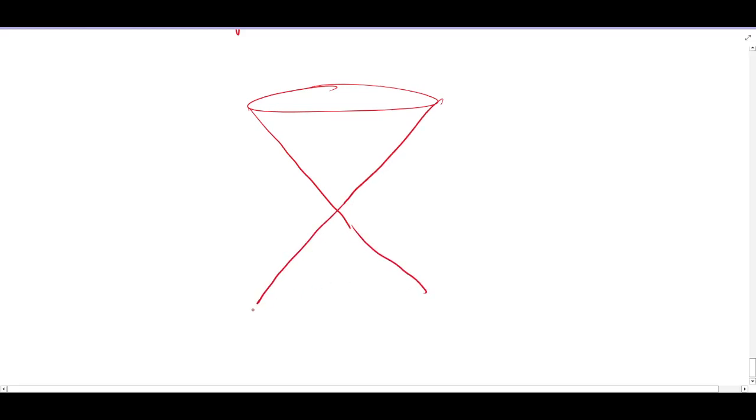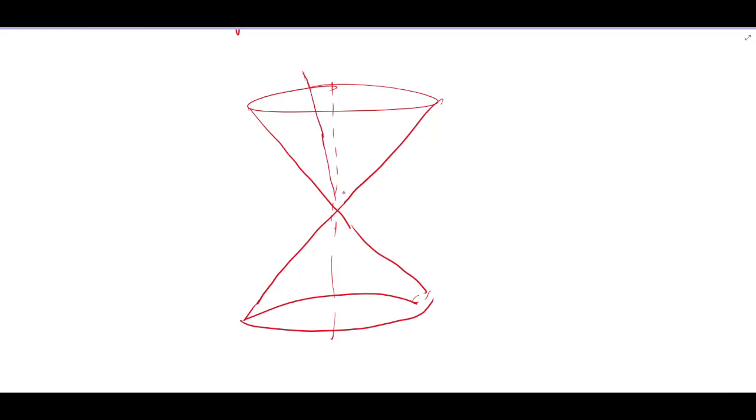That is, if this is a double nappe cone, and beta is less than alpha, so this is how the plane will cut when beta is less than alpha. So this is beta, which is less than alpha. So we get two intersecting lines.